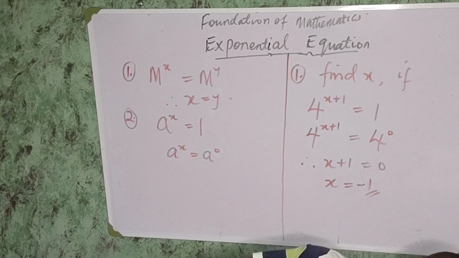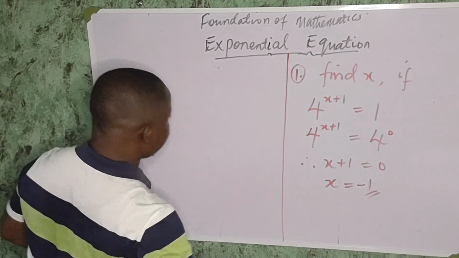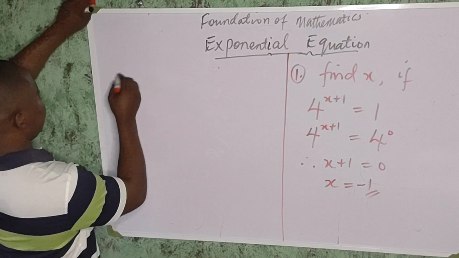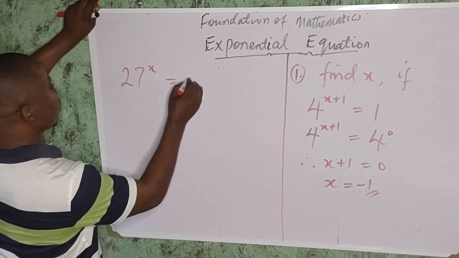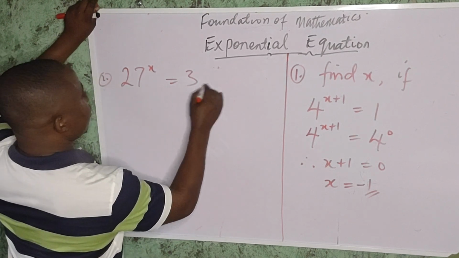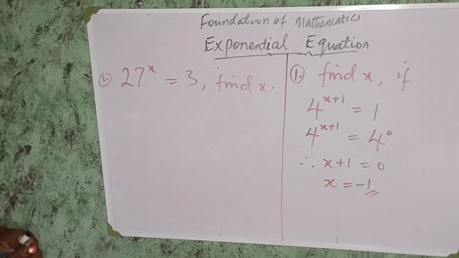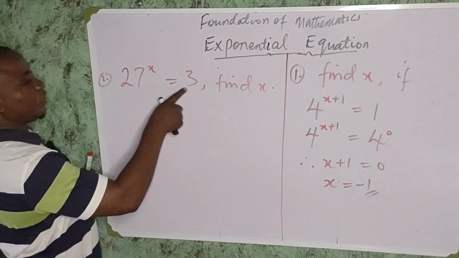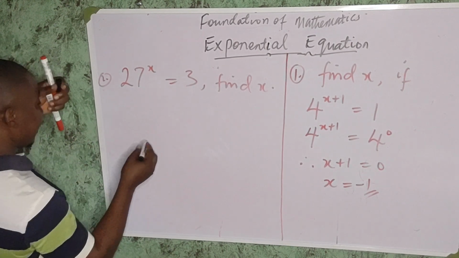Let's look at another example. Number 2. If I have, let's say, 27 power x equals to 3, find x. Now look at that. Very simple. Since this one can be reduced to the same base as 3, we simply reduce that.